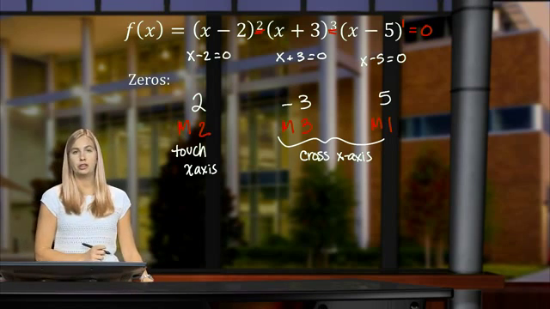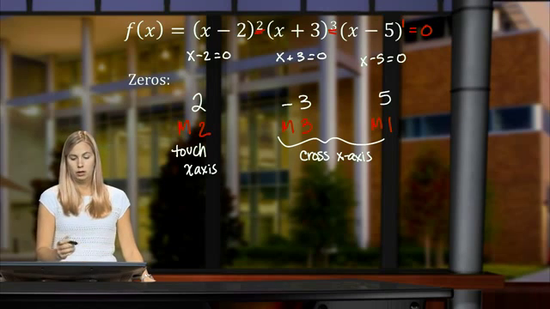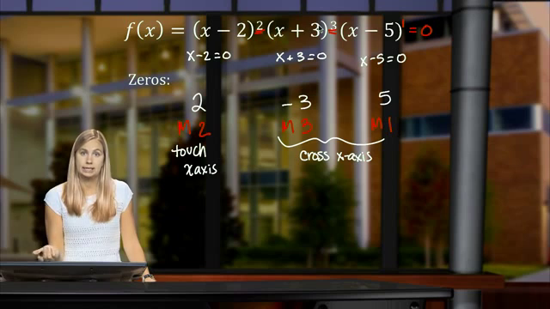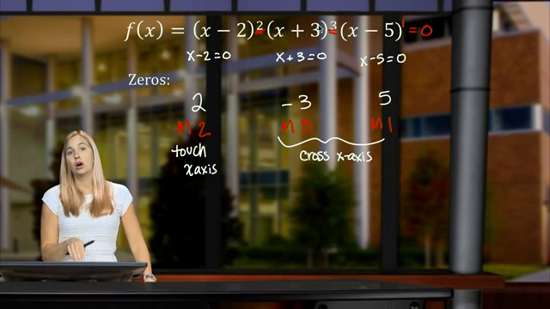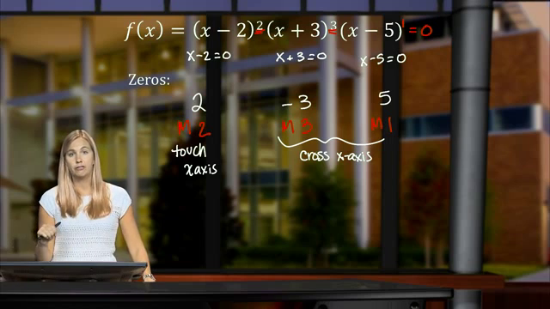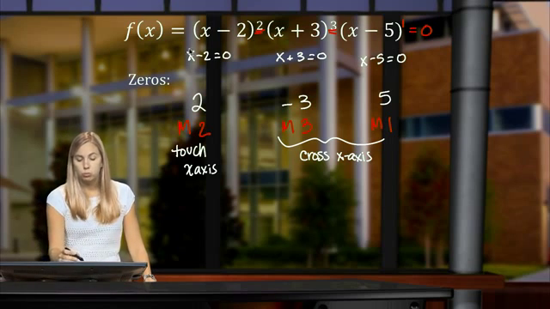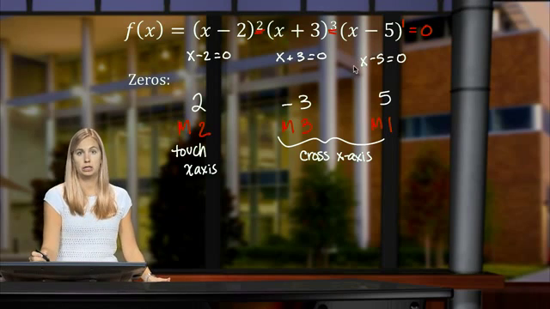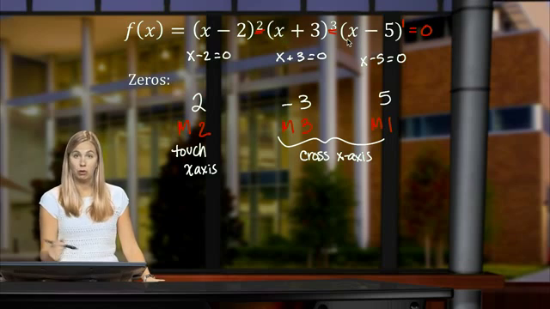Now, let's talk about the degree of this polynomial. Since this is in factored form, is my degree 3 because it's the highest exponent? And the answer is no. Remember that it's the highest exponent when it's in our standard form. So we could multiply this out if we wanted to, but is there an easier way to determine the degree? If you want to pause here and start trying to multiply this out, go for it.